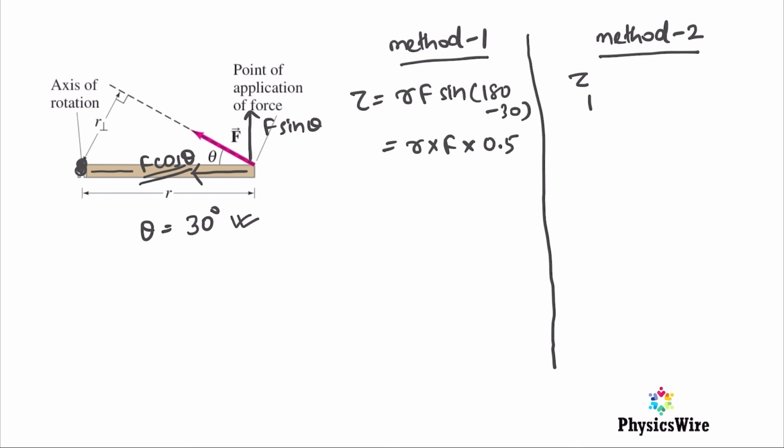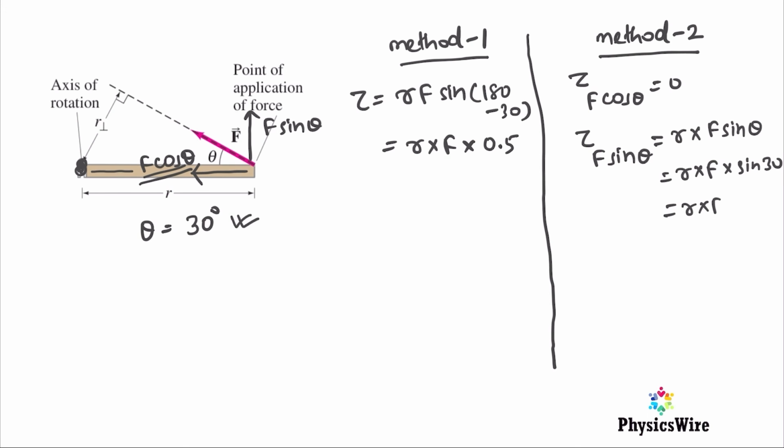So let's write torque due to F cos theta equals 0, but torque due to F sine theta will be R into F sine theta. That's it. So R into F into sine 30 equals R into F into 0.5. You see, in both methods, let's say tau 1 and tau 2, we get the same result.